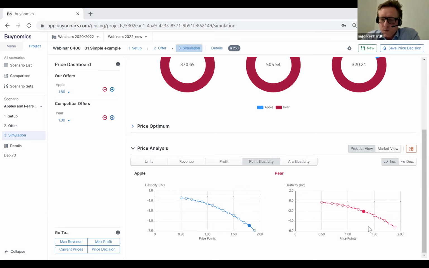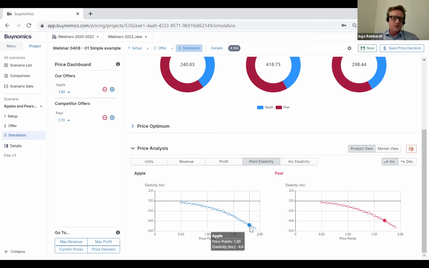And we see that if, for example, our competitor also, so we're now here at 5.9, if our competitor also increases the price, our elasticity goes down, in this case to 4.8, which also indicates this interaction between different products. So if others also increase the price, then our elasticity becomes much, much lower.